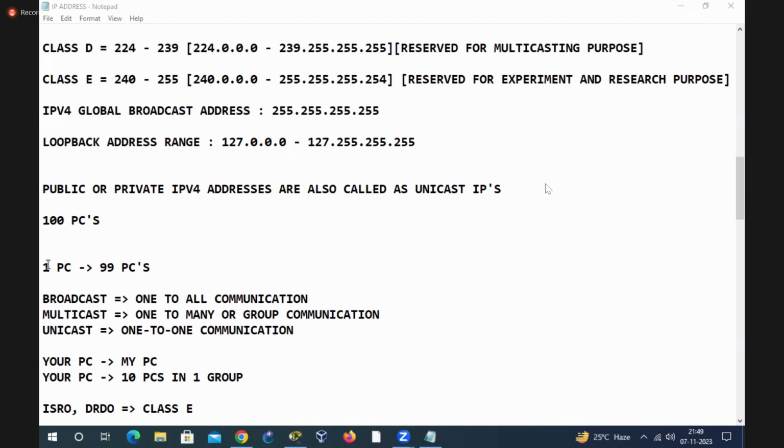For example, if we are having a network of 100 PCs, and if one PC wants to communicate to all the remaining 99 PCs in this 100 PCs network, then what type of communication will it be? Broadcast. Your PC to my PC, what type of communication is this? Unicast. And your PC to 10 PCs in one group is what? Multicast. Okay, remember this.